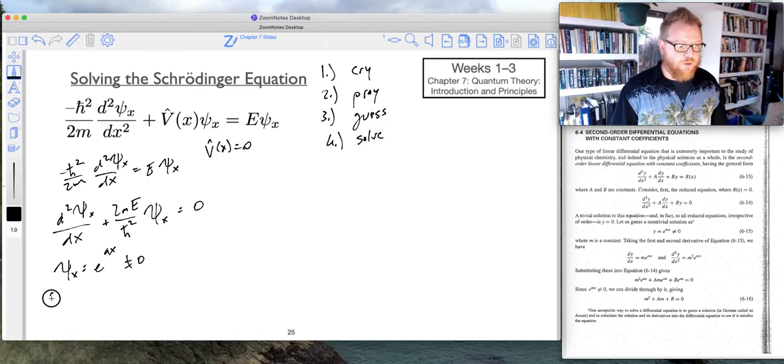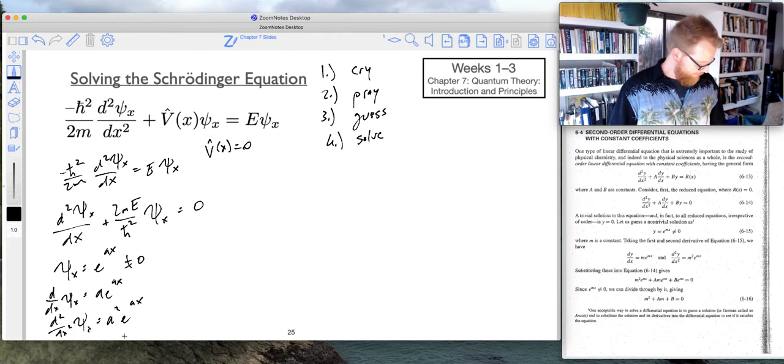We're going to take the first derivative, d/dx of psi of x, and that equals a e^(ax). And then we're going to take the second derivative of psi of x, and that equals a squared e^(ax). Okay? And now I can plug these back into my reduced equation.